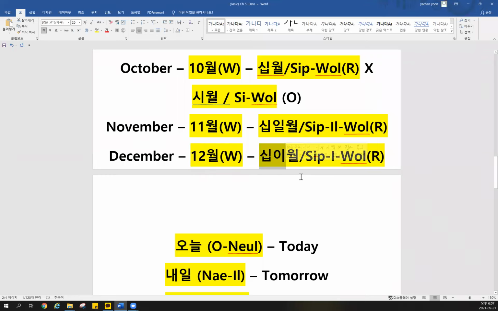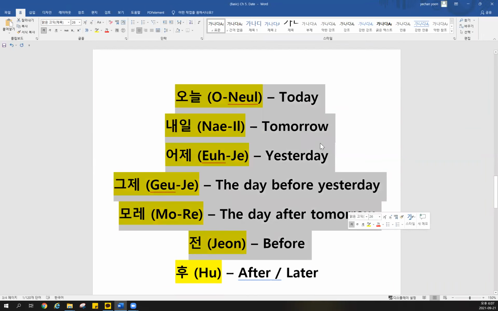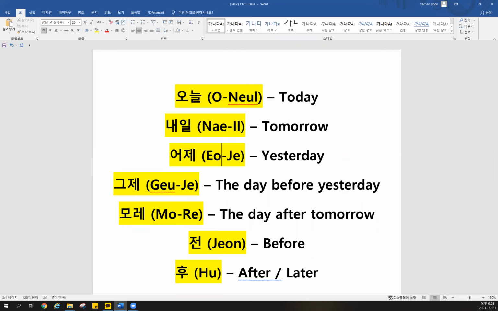So these are a few words for describing dates. Today is 오늘. Tomorrow is 내일. Yesterday is 어제.